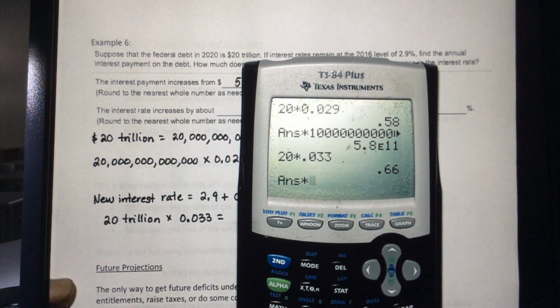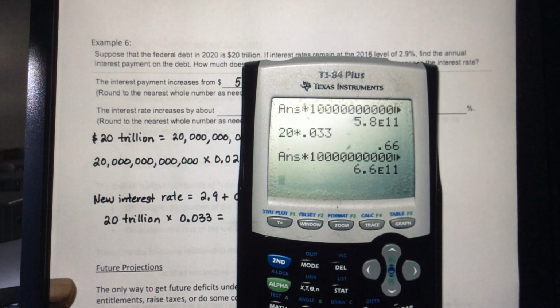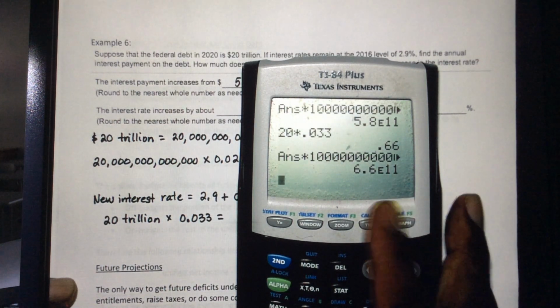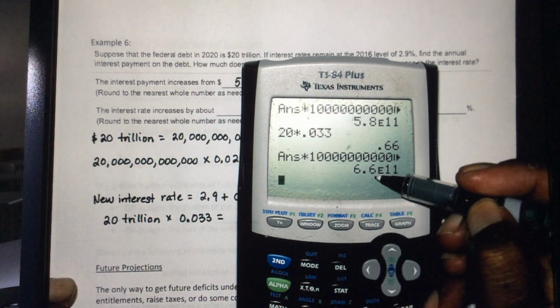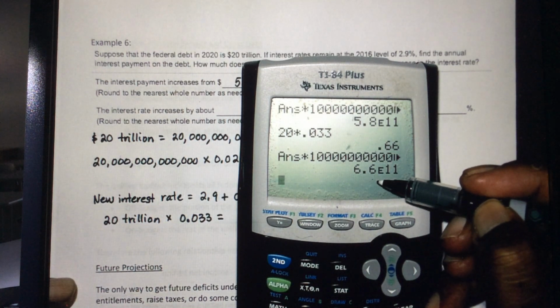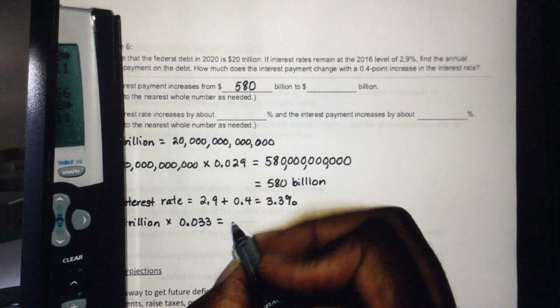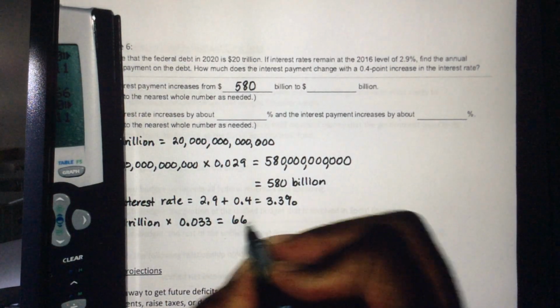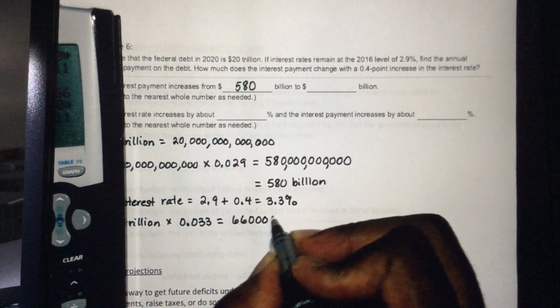But of course, 1 trillion has to be a 1 with 12 zeros. And then in this case here, I need to move it over one place, but I need to move it over again 10 places, so I need 10 zeros behind it. So this will be 66 with 10 zeros.